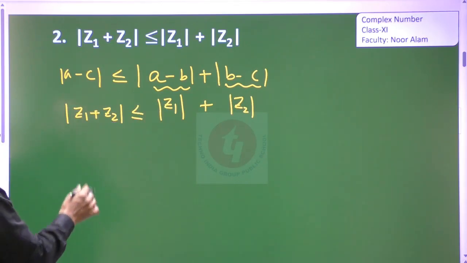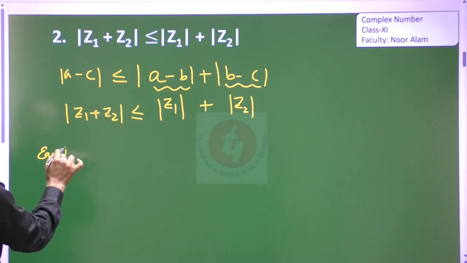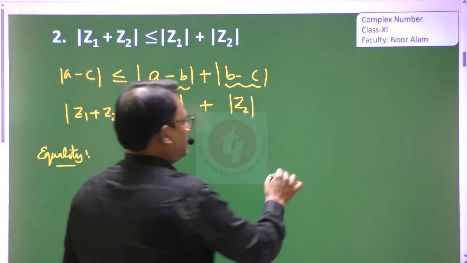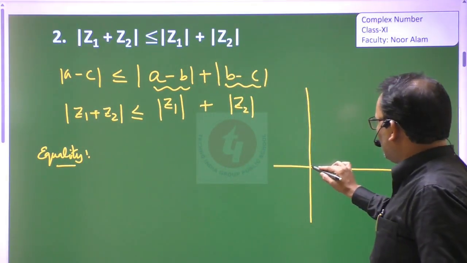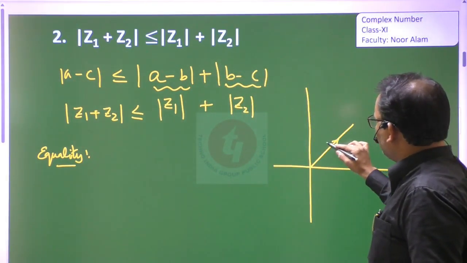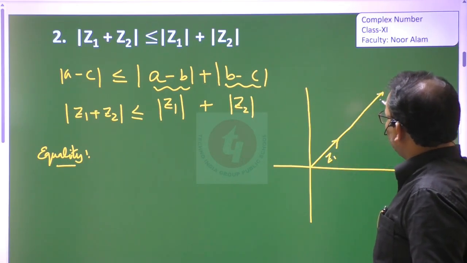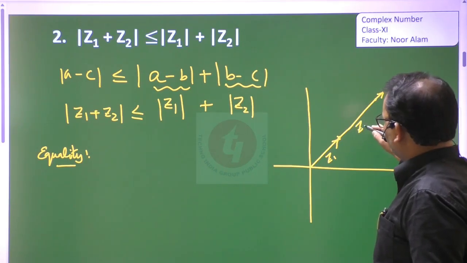Okay. Now here also we have the equal to sign. So in which cases do we have the equality sign? Suppose we have a complex number z1, and another complex number from here to here is z2. Okay now?